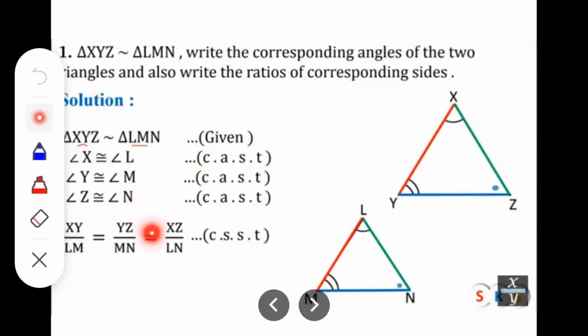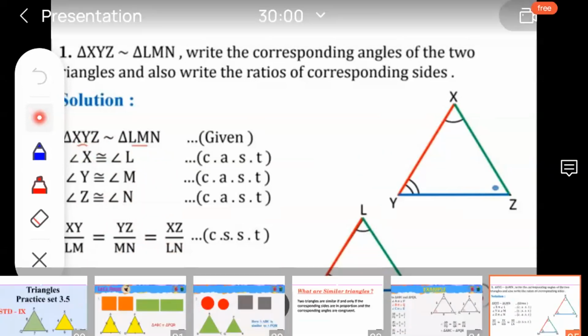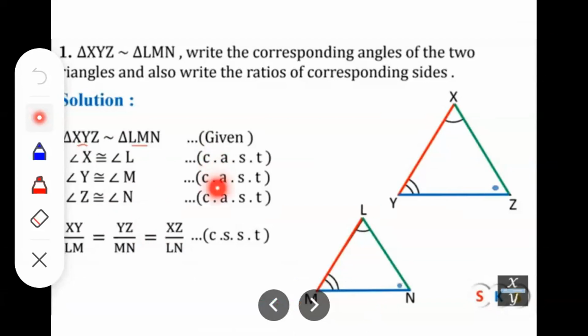By using that similarity, you can easily write the congruency of the triangles. Also, you can write the side proportionality ratio for the corresponding sides, even without the figures. The reason for each step will be CAST. C is for corresponding, A for angle, and S stands for similar.